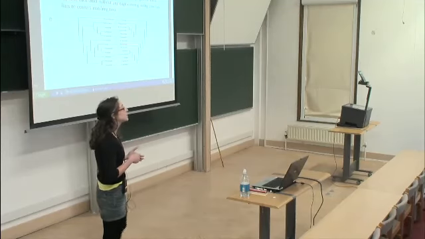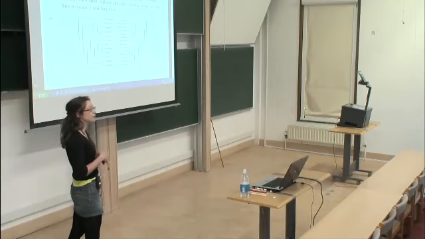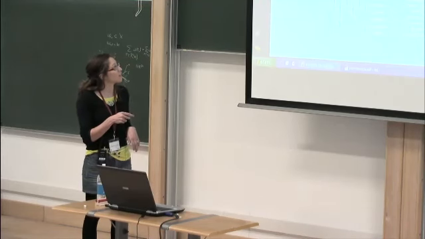But sometimes biologists are interested in actually drawing these trees and looking at them to spot the similarities and the differences. So sometimes they can be more interested in this kind of drawing than just a numerical value of similarity. So they use what are called tanglegrams, which is actually a drawing of two rooted phylogenetic trees facing each other, with some lines that we call auxiliary lines that connect matching taxa.